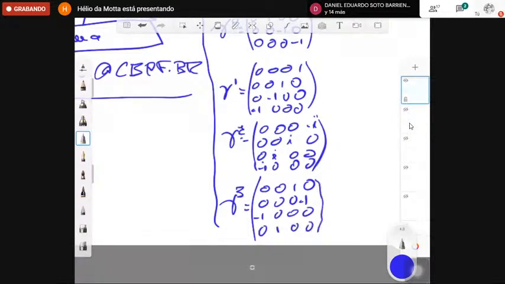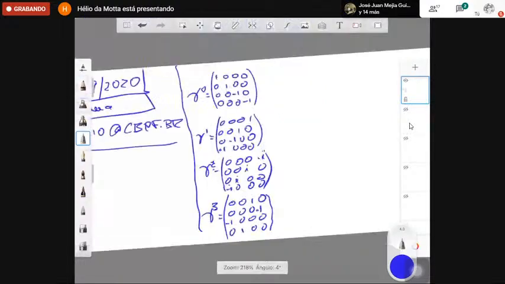Although they are 4 by 4 matrices, note they are full of zeros. So when we make a matrix multiplication, it will be very easy, very simple, because most of the terms are 0. So it's not a big deal, not very difficult to make any calculation.